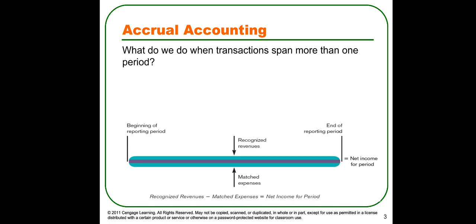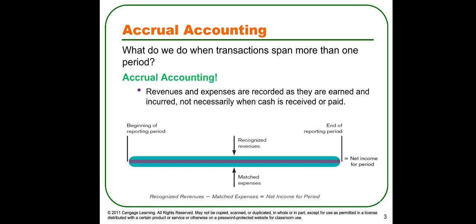The second thing that you have to know before you can do adjusting entries is accrual accounting. In accounting, we have two bases of recording, accrual basis and cash basis. Let's see here. What is accrual accounting or accrual basis accounting? What do we do when transactions span more than one period?